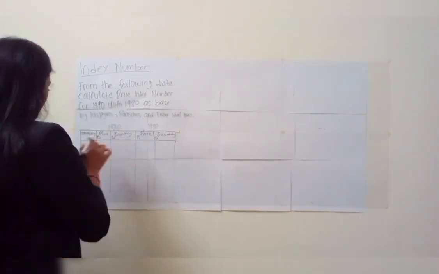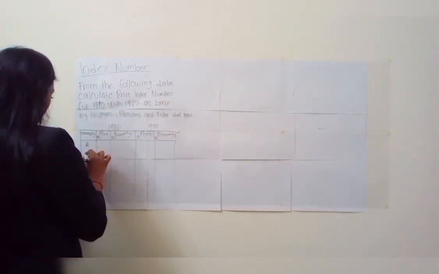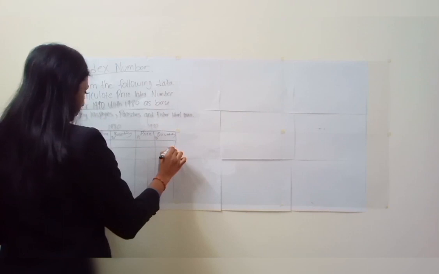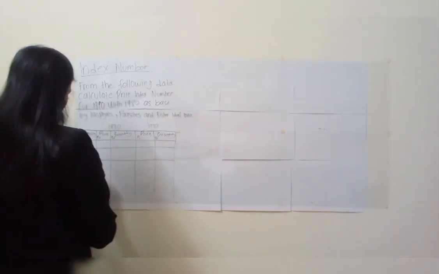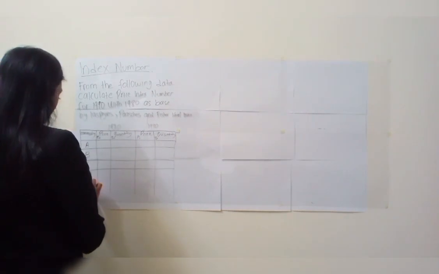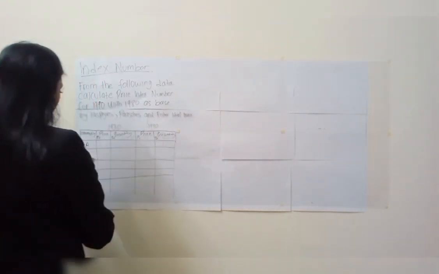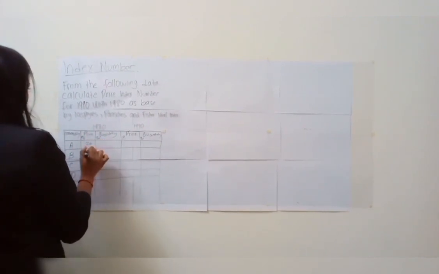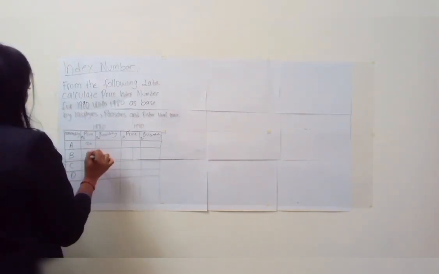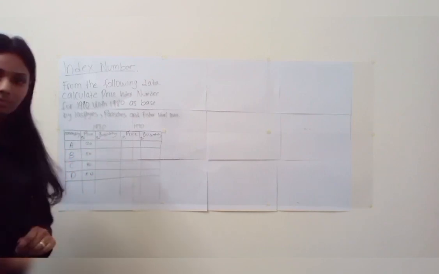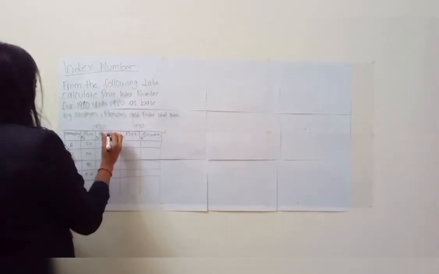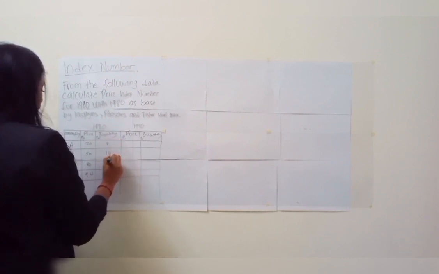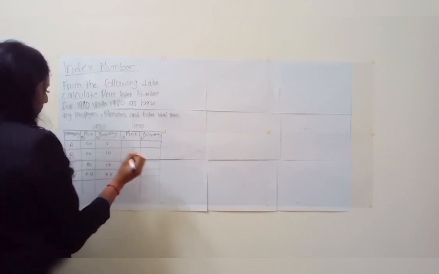Okay, so we continue. A, B, C, D. So price is 20, 50, 40, 20. Then here 8, 10, 15 and 20.